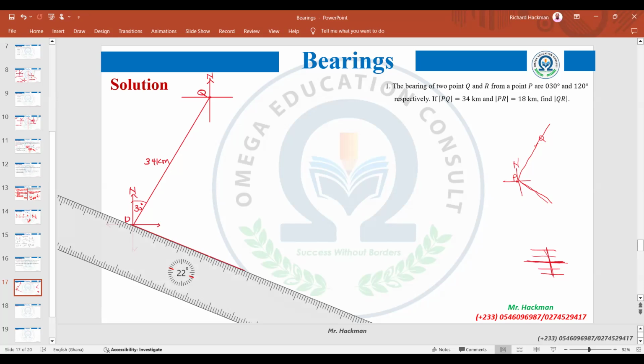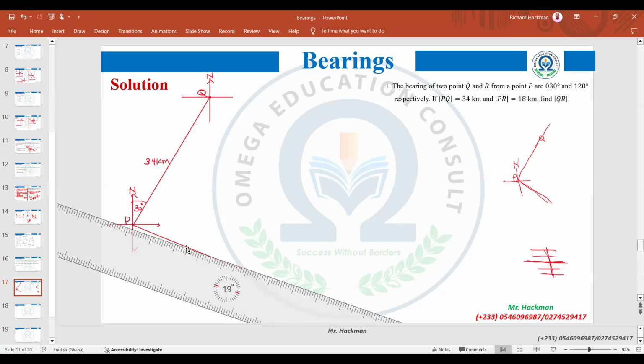Otherwise, assuming maybe you ended somewhere here, you know the picture that will come out. So consider the distances as well as the angles. Once you do that, your work will be very easy. Always check the relationship between the distances and the angles, their sizes. Once you get that, like I said, the work will be very easy.